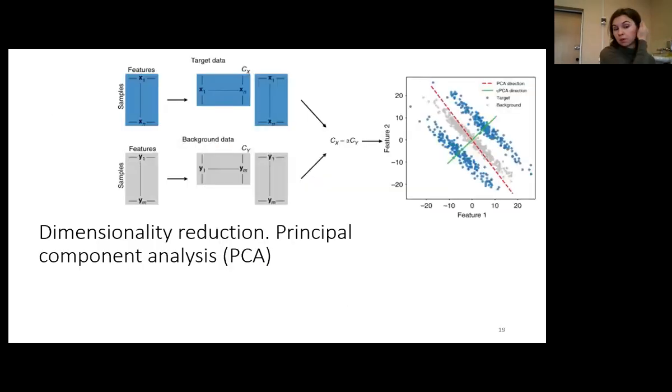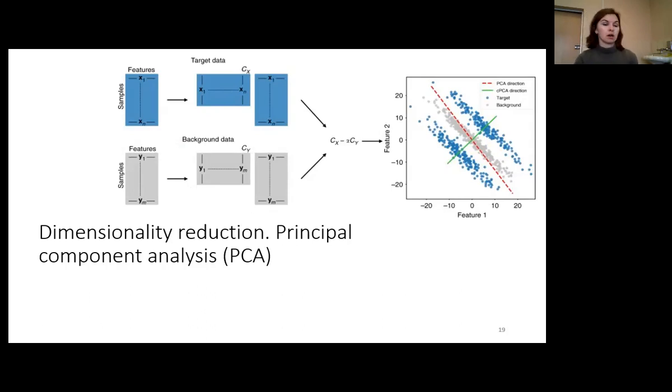And as for principal component analysis, when we have a lot of data and they have more than 10 dimensions, it's impossible to visualize them. Sometimes we have problems with storage, and we want to compress the data in order to decrease the volume.